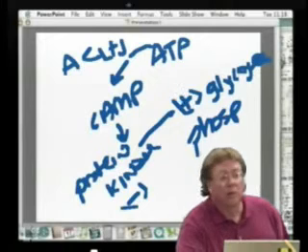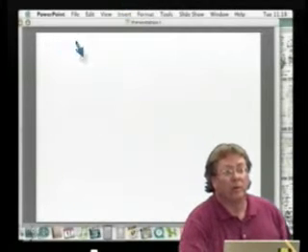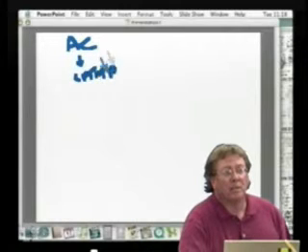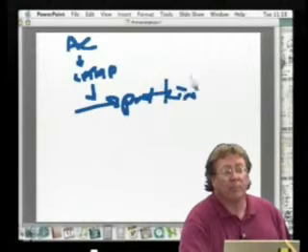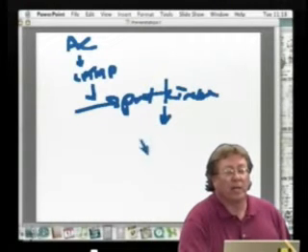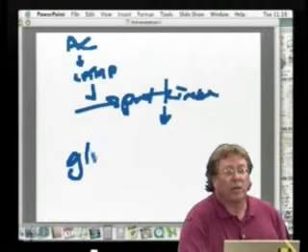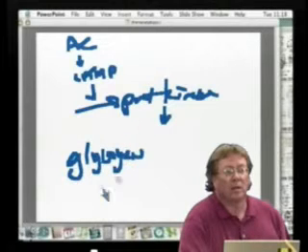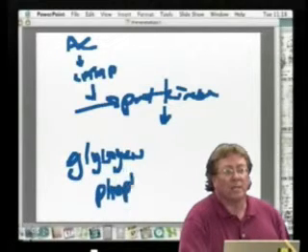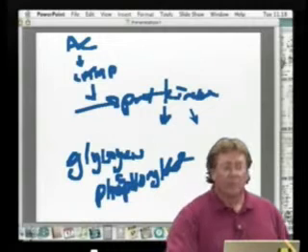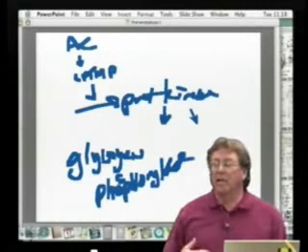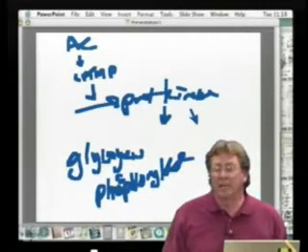So we have adenyl cyclase producing cyclic AMP, producing protein kinase, and protein kinase then turning on glycogen phosphorylase. Glycogen phosphorylase mobilizes glycogen.